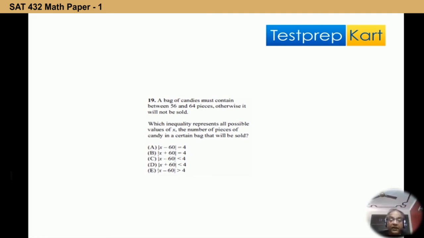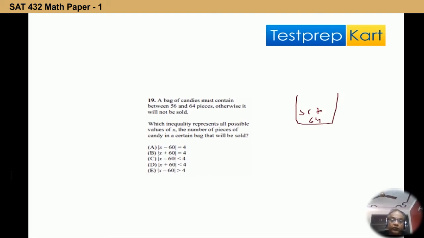So a bag of candies should have between 56 and 64 pieces of candies, otherwise it will not be sold. Now, which inequality represents all possible values of x, the number of pieces of candy in a certain bag that will be sold?